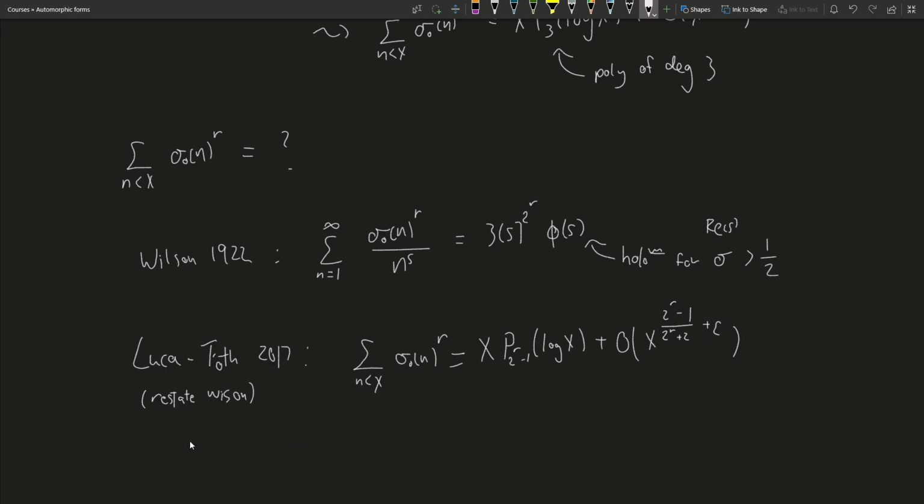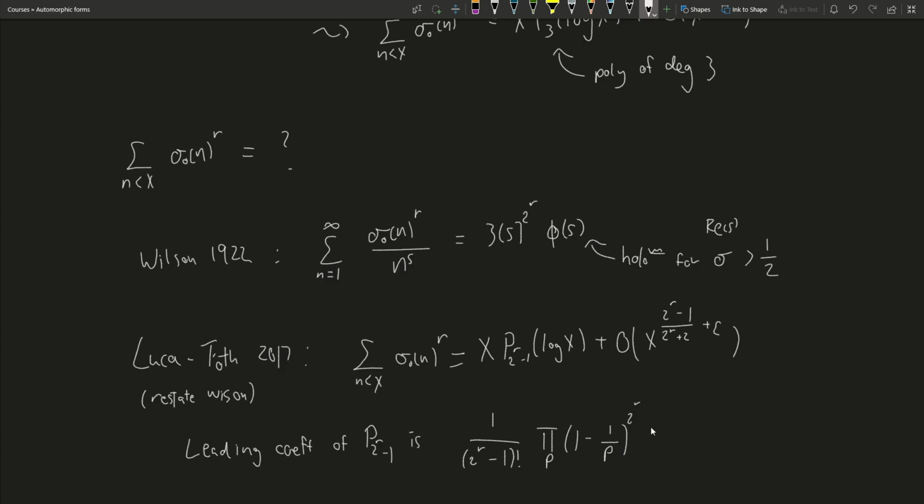And the leading coefficient of this degree 2 to the r minus 1 polynomial is given by 1 over (2 to the r minus 1) factorial times a product over primes of 1 minus 1 over p to the 2 to the r.